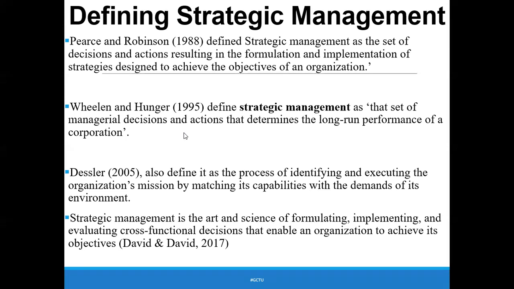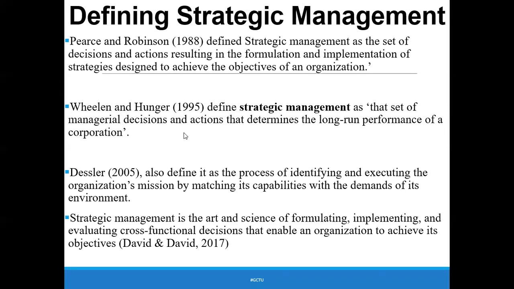Dessler also defines strategic management as the process of identifying and executing organizations' missions by matching its capabilities with the demands of its environment. A number of scholars are also pulled to Dessler's definition because in his exposition, he attempts to connect the things that an organization must do in order to realize its mission.